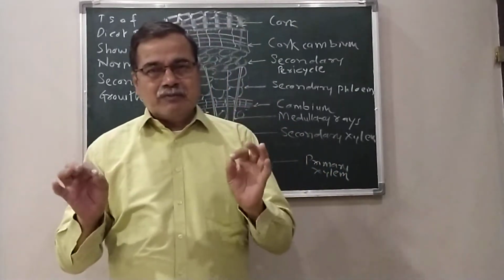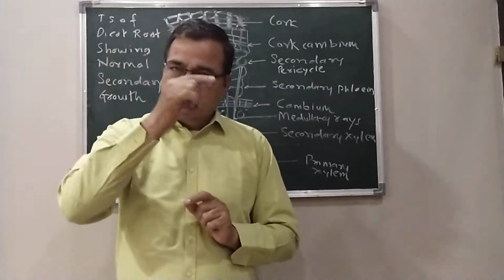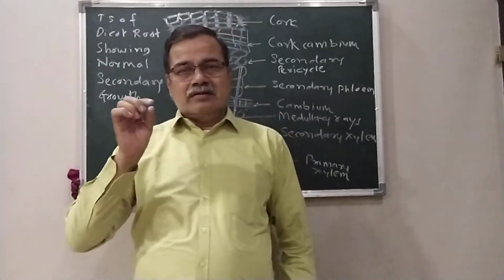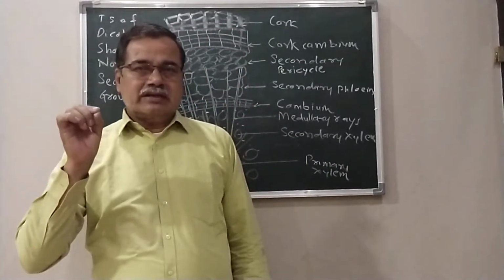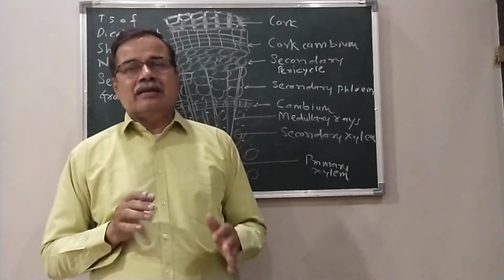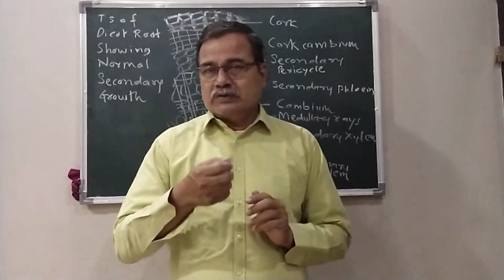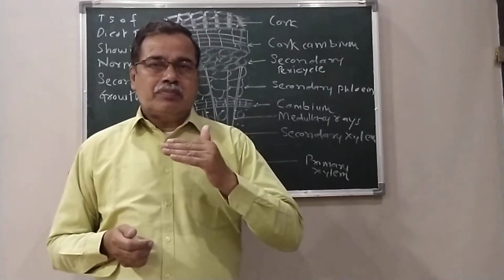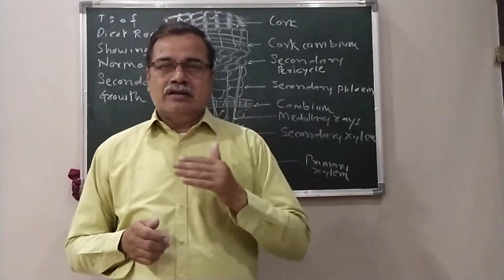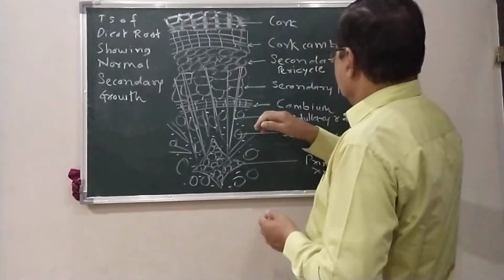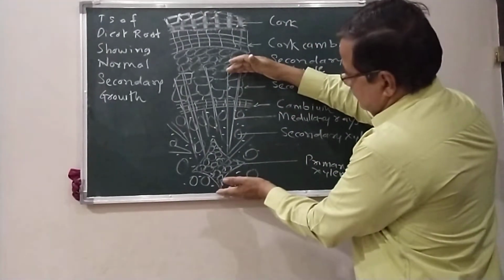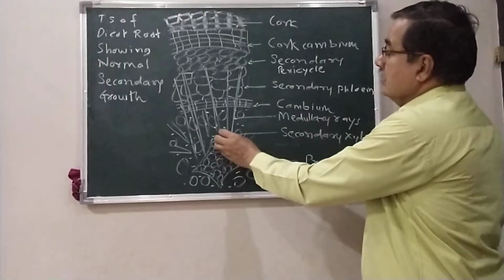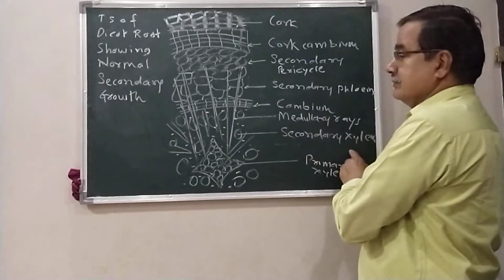The wavy band of cambium which is formed becomes circular in outline, and this is the first step in the formation of secondary growth. Again, the primary xylem is pushed towards the inner side season-wise, and the primary phloem towards the outer side, due to which the tissue formed is a lesser amount of secondary phloem and a more amount of secondary xylem.